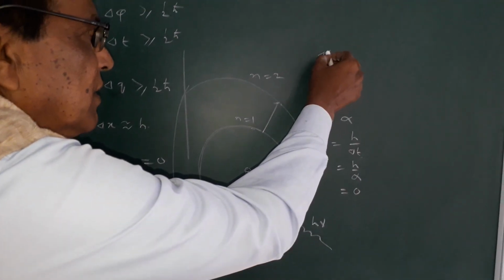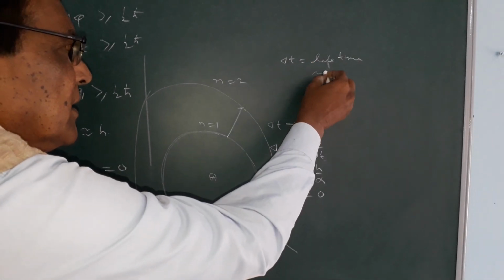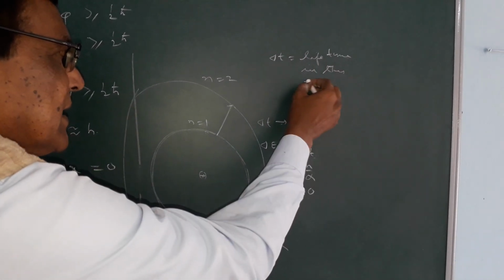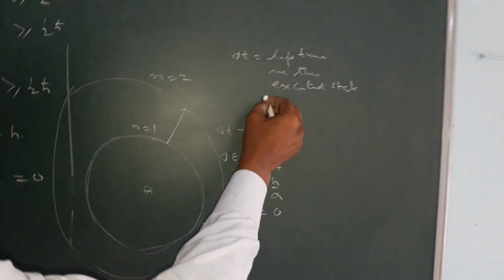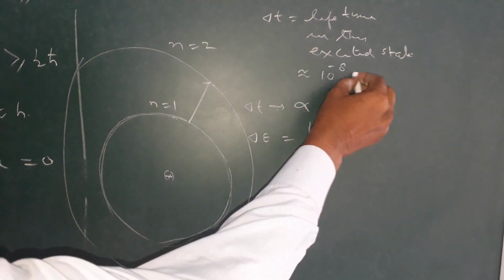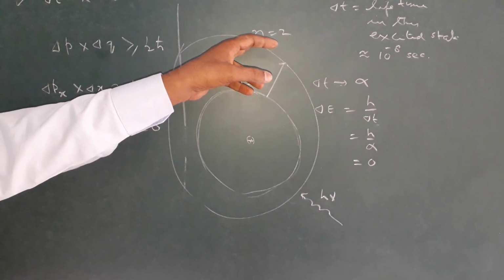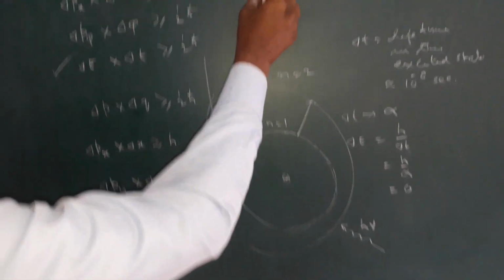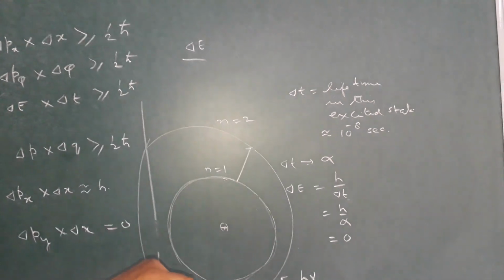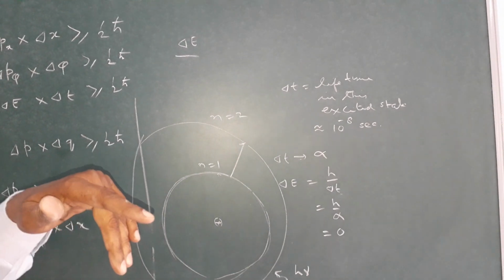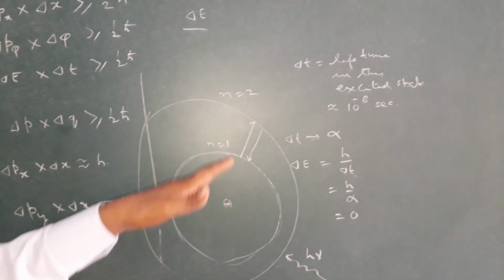Means the lifetime in this excited state is almost equal to 10 to the power minus 8 seconds, or like that. Since the lifetime here is very small, there is much more uncertainty in delta E. Means the energy of the electron in this excited state is very highly uncertain, and it comes back to its initial state to regain stability.